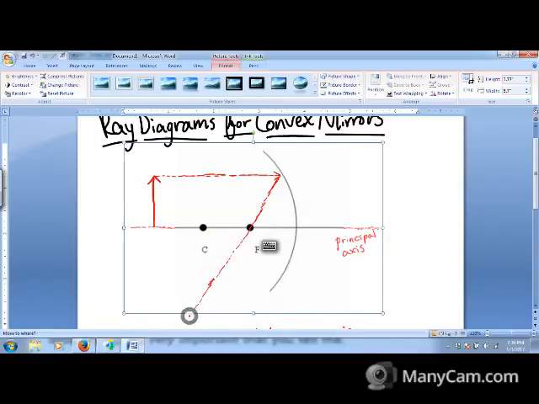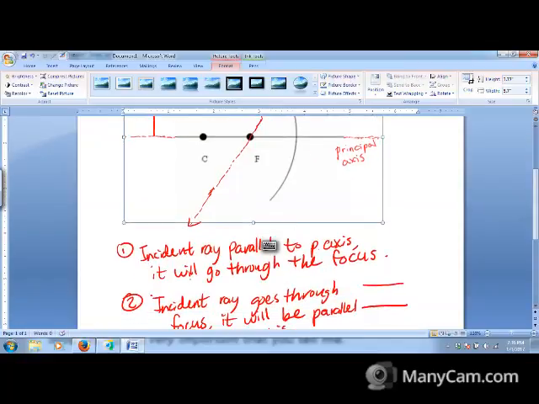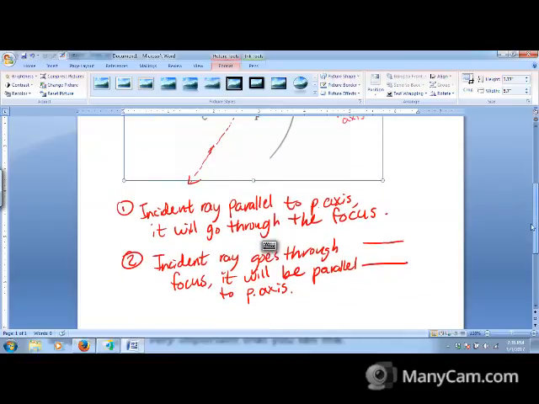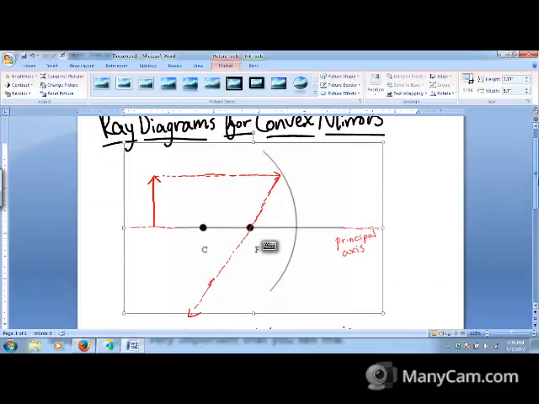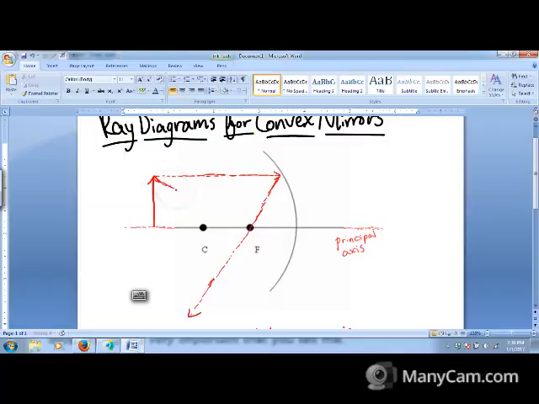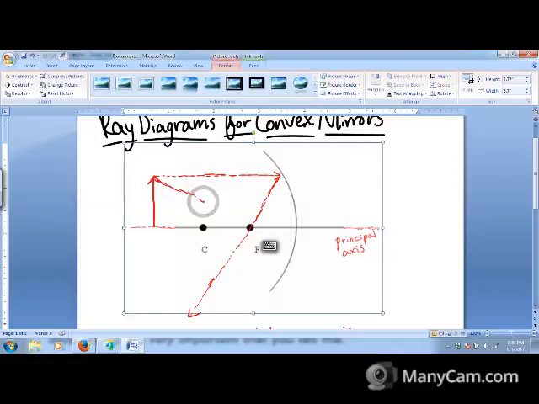All right, the second incident ray that we're going to draw is one that goes through the focus. So if it goes through the focus, it's going to be parallel to the principal axis. So if I draw this directly through the focus, it's going to end up being parallel to the principal axis.